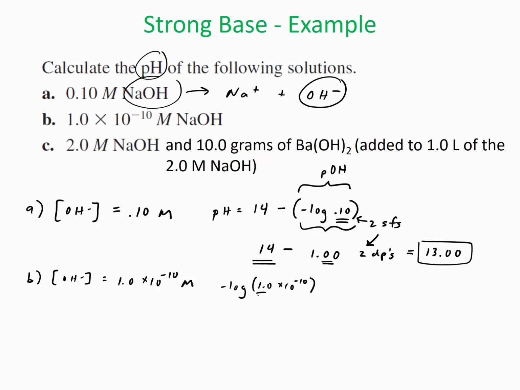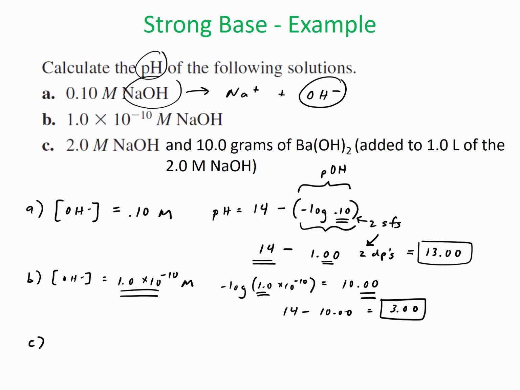That's 2 sig figs, so it should be 10.00, 2 decimal places. So that's my pOH, and I'm going to subtract it from 14. That gives me 3.00 for the pH. Notice that since this is super low, that means you have an acidic solution.